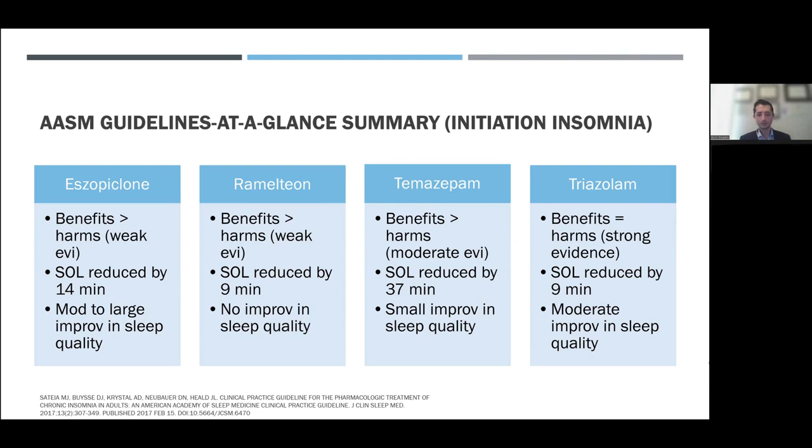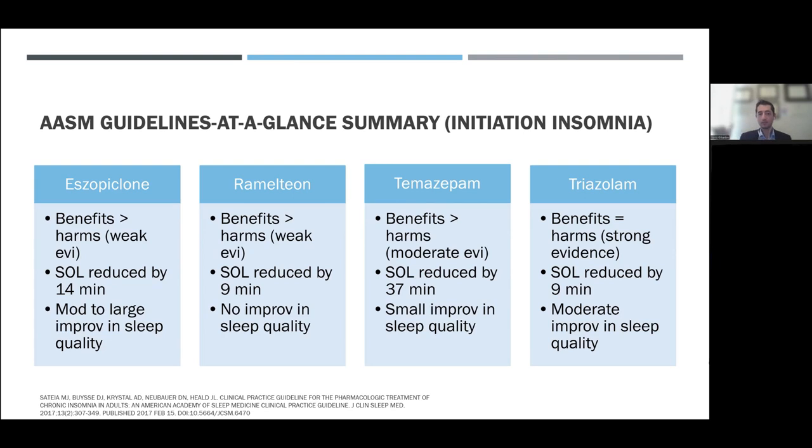And so ramelteon tends to have, out of all of these, a perception of not much improvement in sleep quality and a reduction of sleep onset latency by 9 minutes. But you have a benzodiazepine on the right, like triazolam, and according to the AASM, it also reduces sleep onset latency, for initiation insomnia, by 9 minutes.